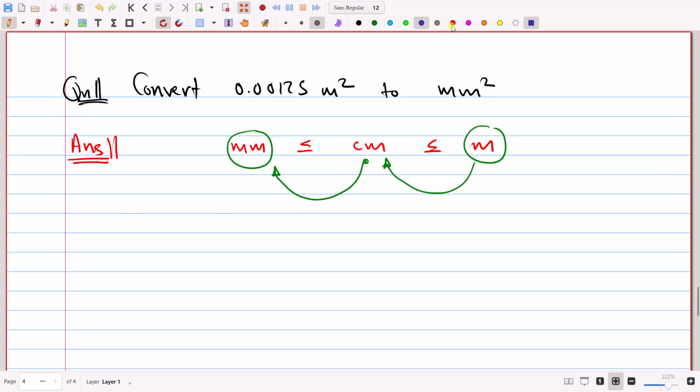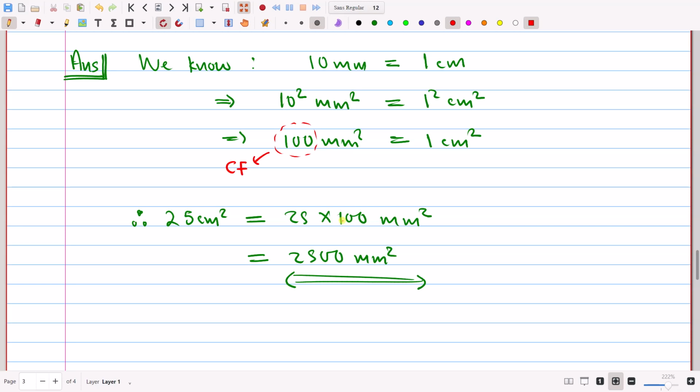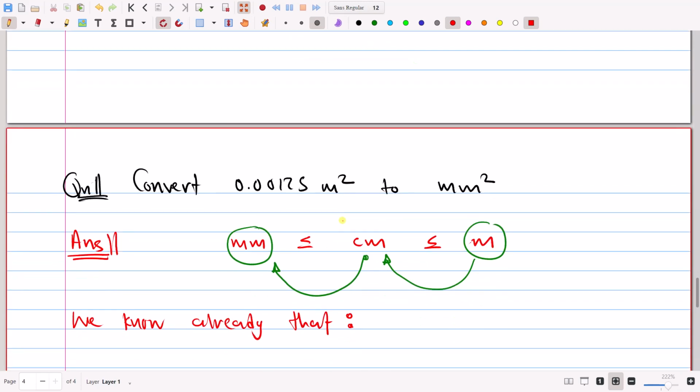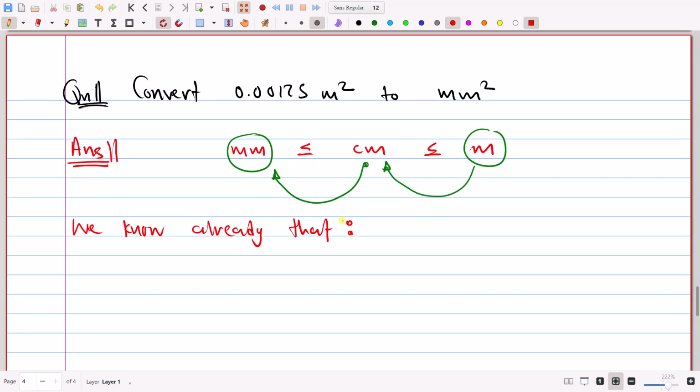From the previous example that we did, we already know that 100 millimeter squared is equal to 1 centimeter squared.